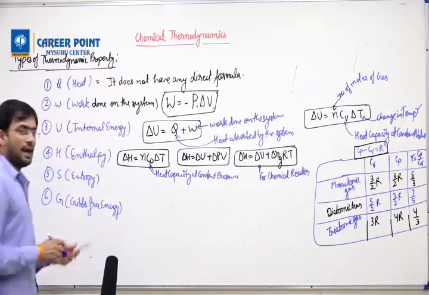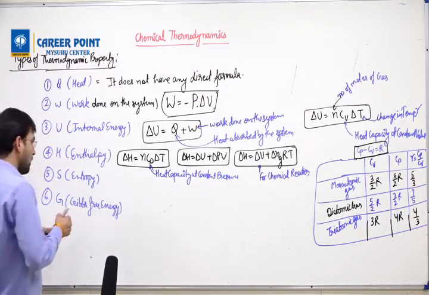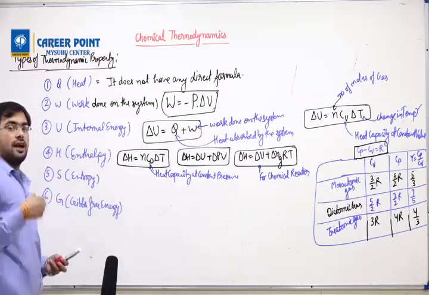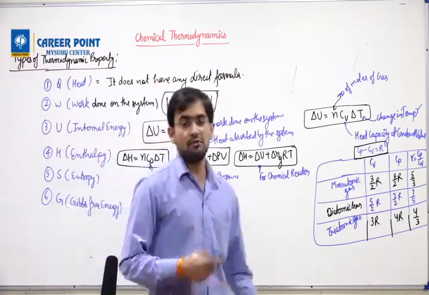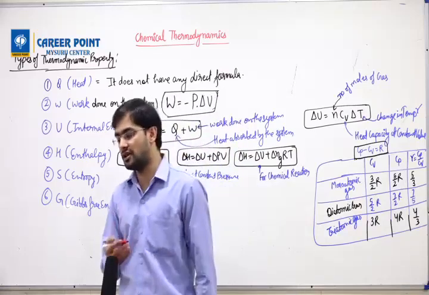Now we got delta S. S has a formula. What is the formula? S is entropy. Entropy is known as measurement of randomness, measurement of disorder.